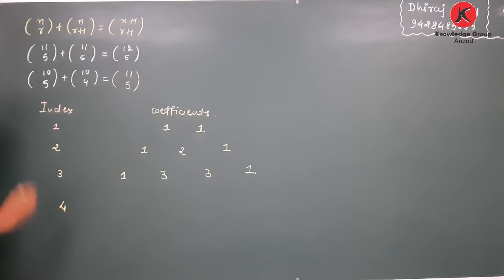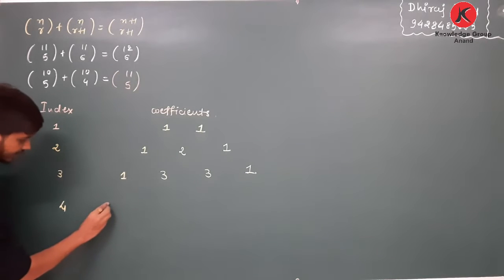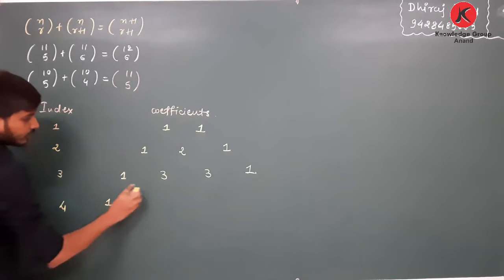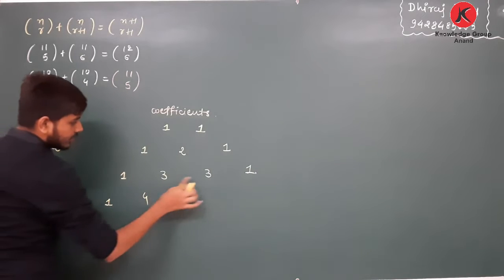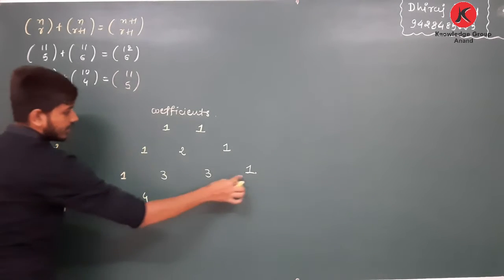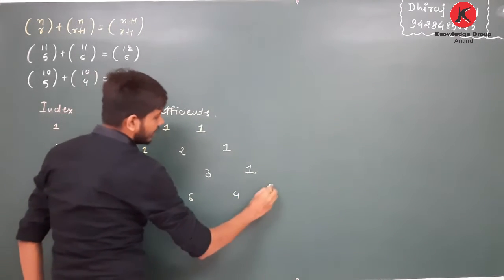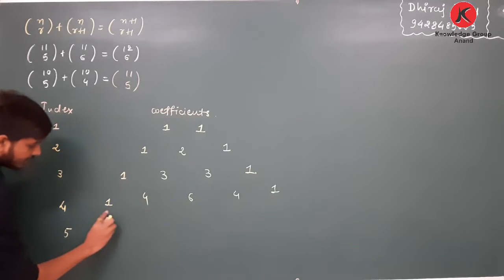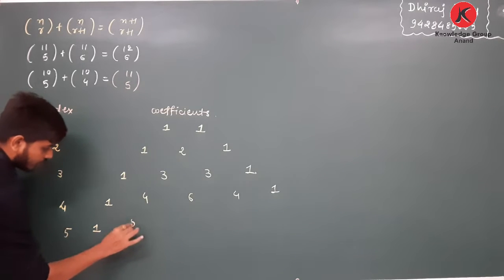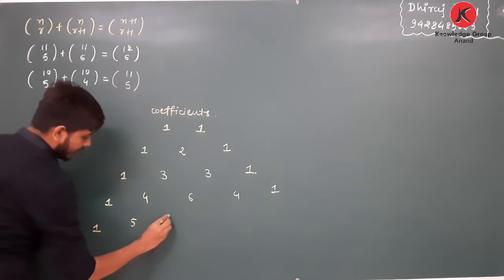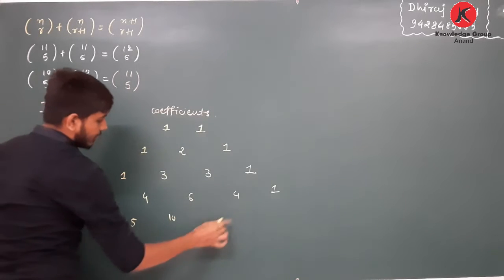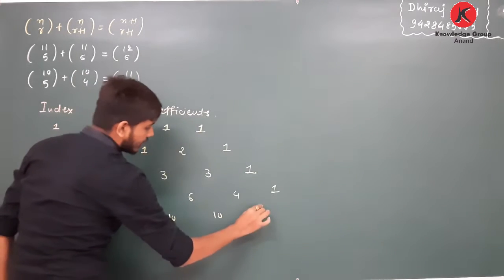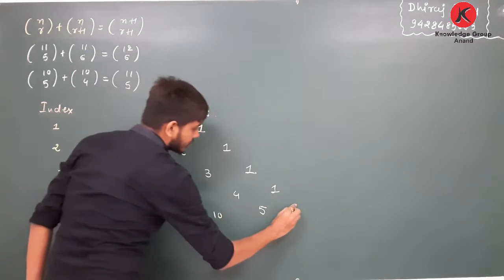If the index is 4, then we will get the coefficients 1, 1 plus 3 is 4, 3 plus 3 is 6, 3 plus 1 is 4, and the last one, 1. If the index is 5, then we will get the coefficients 1, 1 plus 4 is 5, 4 plus 6 is 10, 6 plus 4 is 10, 4 plus 1 is 5, and the last one, 1.